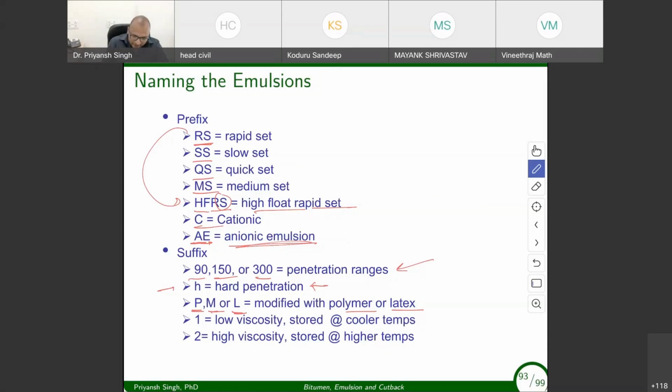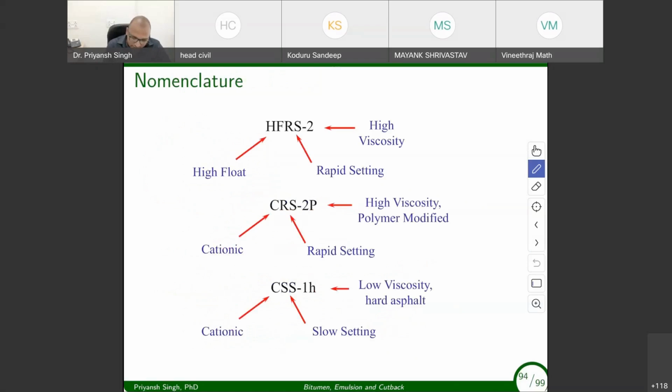There could be a 1 or 2 written. So 1 indicates low viscosity and 2 indicates high viscosity. Let's see. If I have this grade of emulsion, HFRS indicates the high float value, RS indicates the rapid setting emulsion, and 2 indicates that a high viscosity binder is being used.